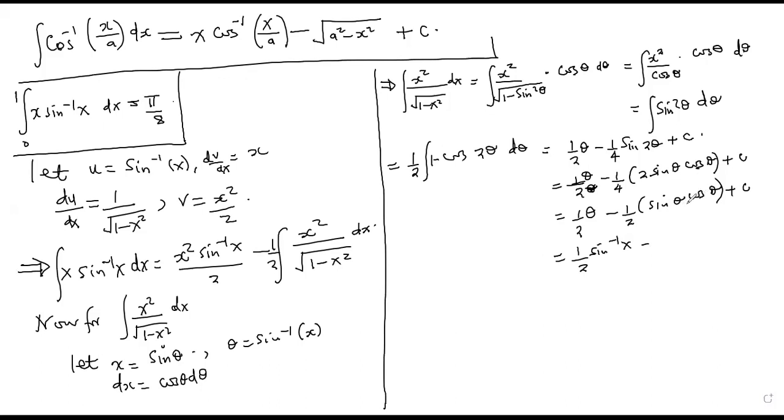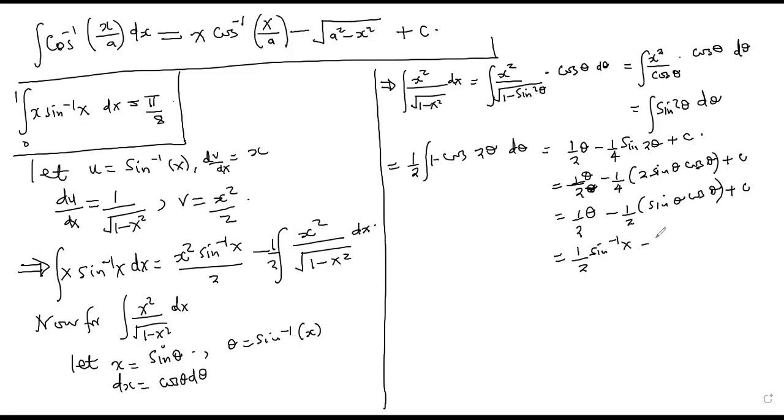What does it imply? If we have sine theta cos theta, of course, we know what cos theta is equal to in terms of sine theta. Cos theta is the same as the root of 1 minus sine squared theta.